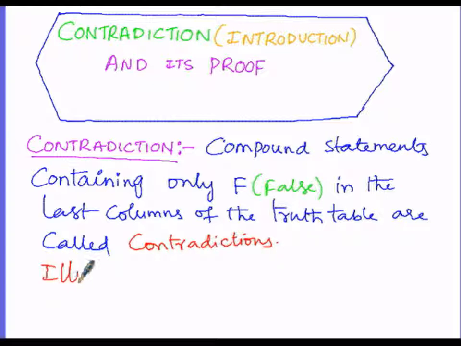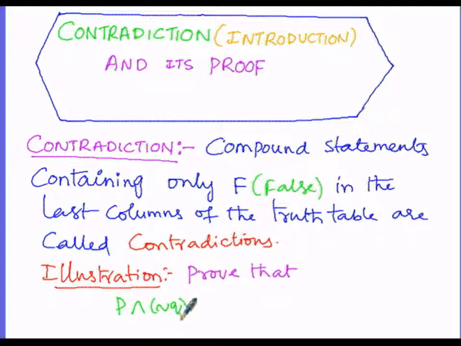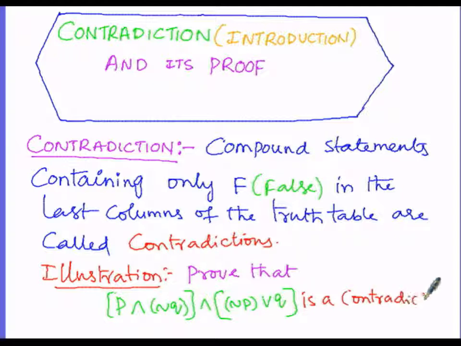So here the illustration starts now. In our illustration we have to show or prove that the statement, that is P and negation Q, and within the second square brackets, negation P or Q, is a contradiction.